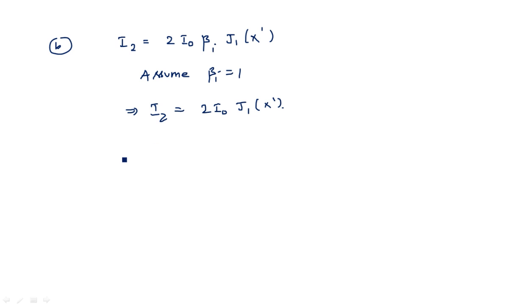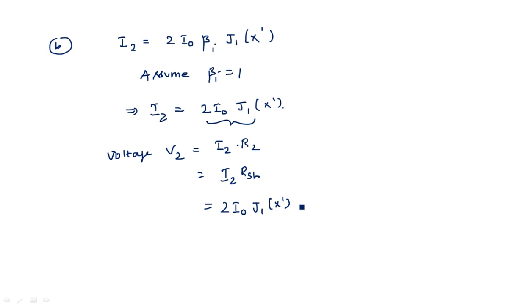Okay, so now take the value for V2. V2 is equal to I2 into R2. On the output side we have a shunt resistance RSH. I2 we already have here, so V2 equals 2 I0 J1 of X dash into RSH.